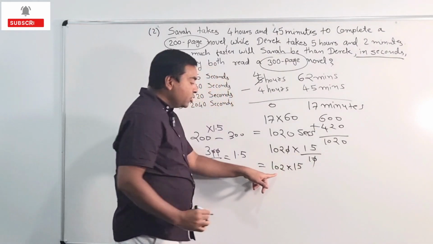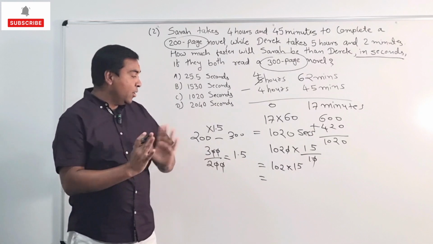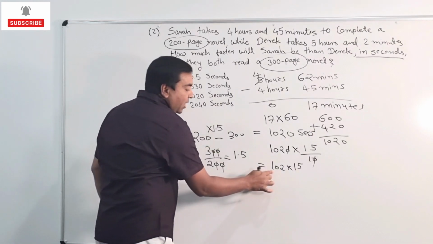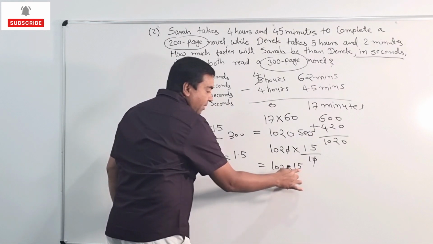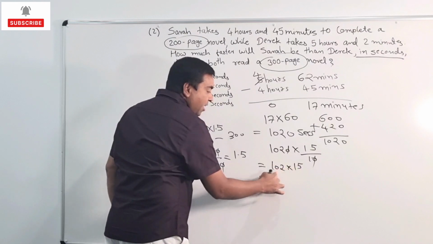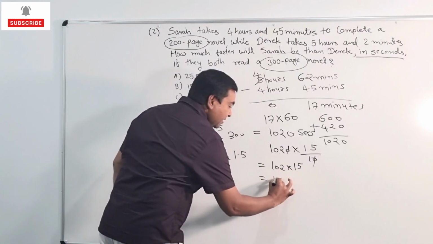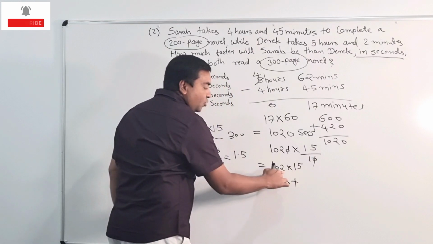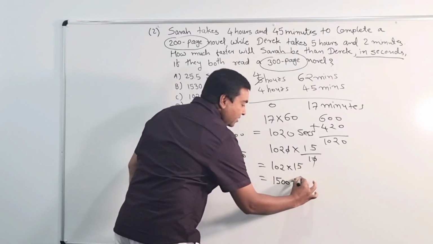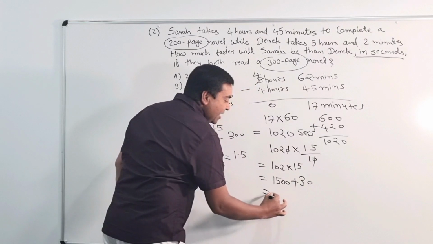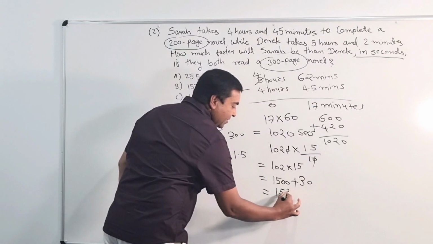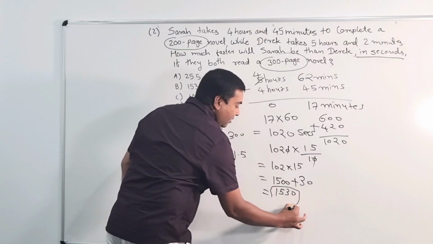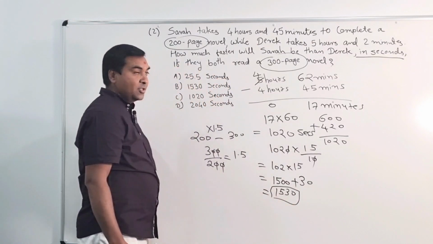You can do 102 times 15 this way: 100 multiplied by 15 is 1500, plus 2 is left over, so 2 times 15, which is 30. That is a much easier and more efficient way of working it out, which is 1530 seconds.